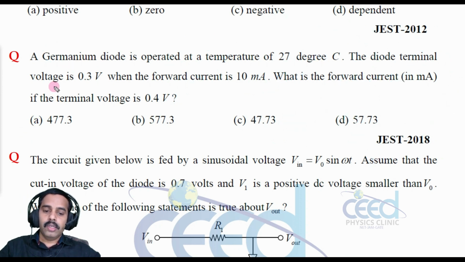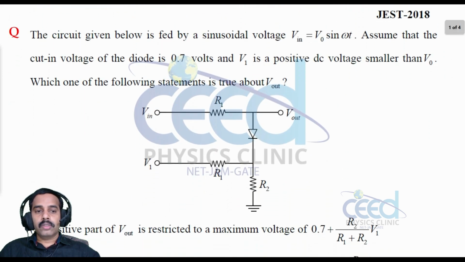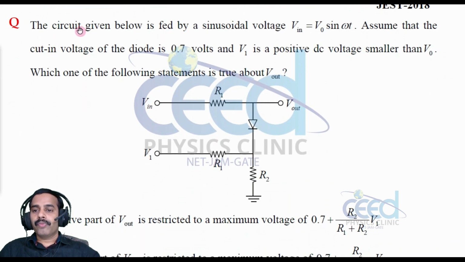Now let us come to another question. The circuit given below is fed by a sinusoidal voltage Vin equal to V0 sin omega t. Assume that the cut-in voltage of the diode is 0.7 volts and V1 is the positive DC voltage, smaller than V0.